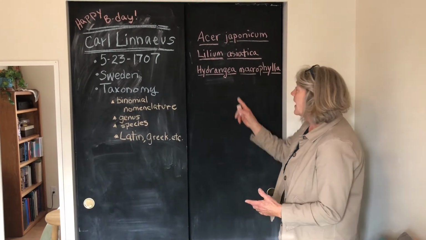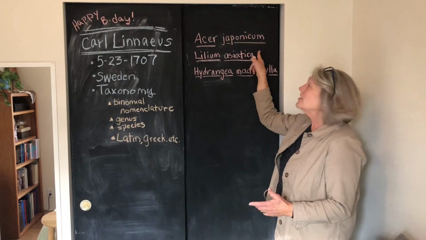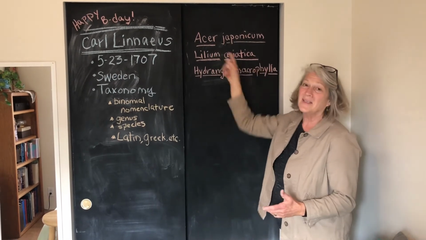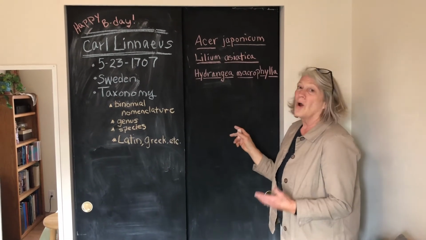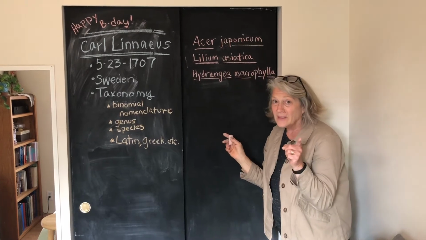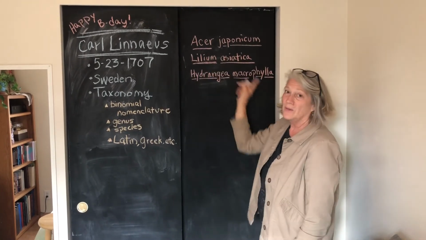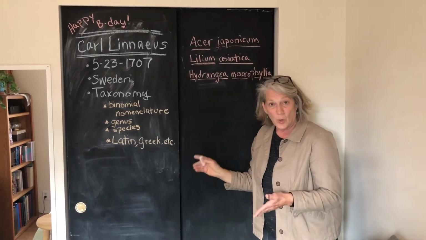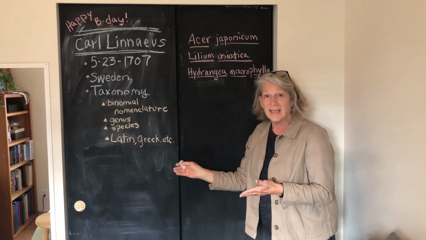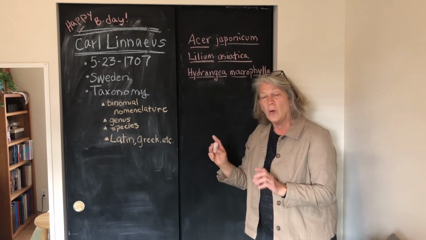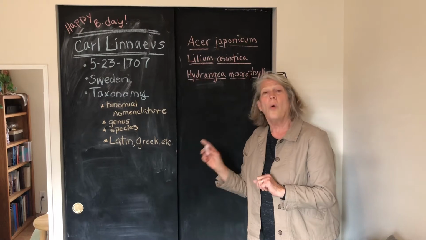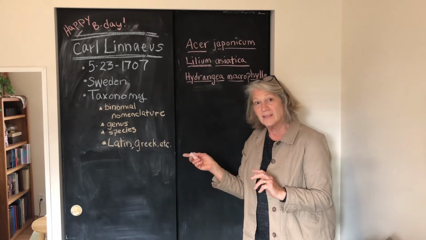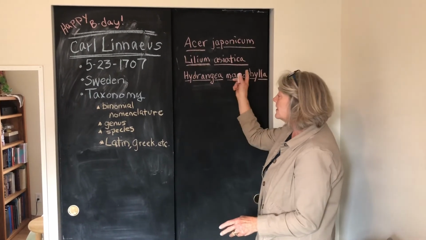Here are a few examples. Acer japonicum. Acer is the genus for maples. And by the way, here's a side note. When you're writing or when you see the binomial nomenclature, the botanic name of a plant, it will always be italicized, or if you can't italicize, then just underlined, and I've underlined here.